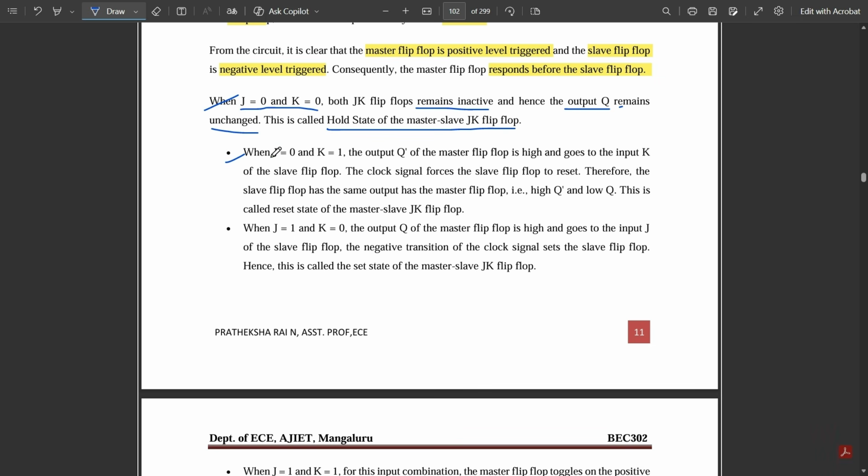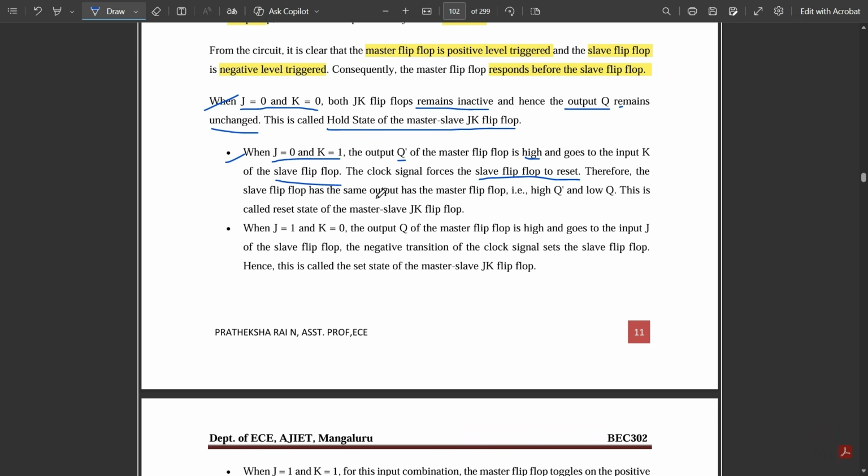For the second case, when J equal to 0 and K equal to 1, what happens? The output Q bar, that is the next state output of the master flip flop, is high and goes to the input K of the slave flip flop. The clock signal forces the slave flip flop to reset.